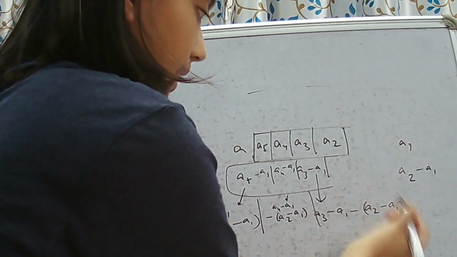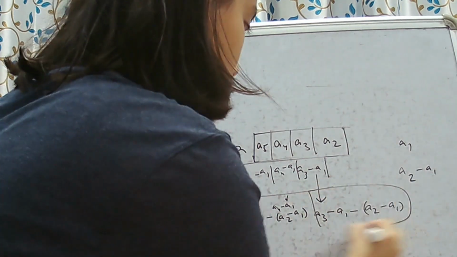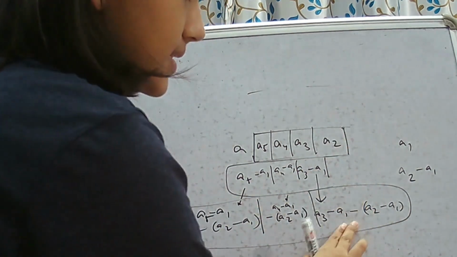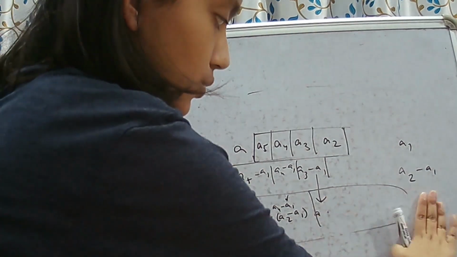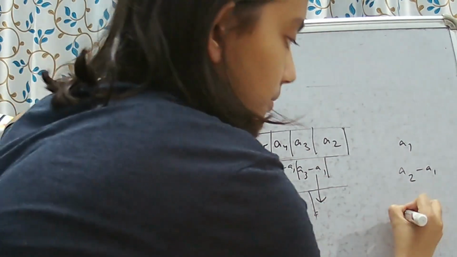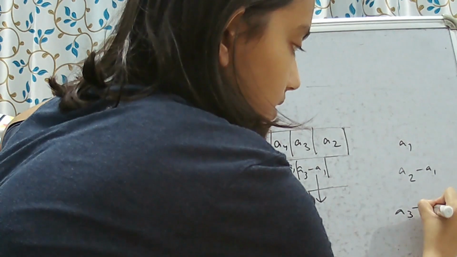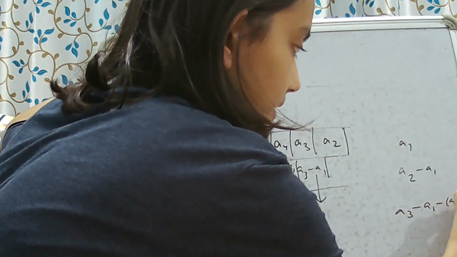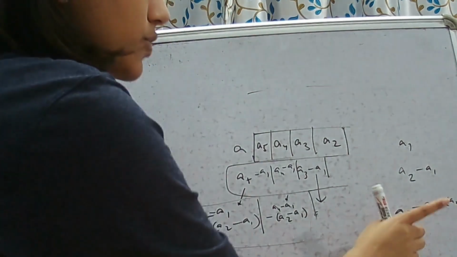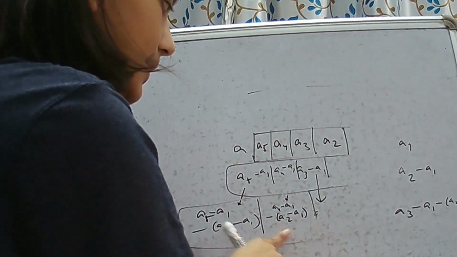Now for this array, this is the minimum element, so we have to remove this. And this number is A3 minus A1 minus A2 minus A1. And we have to subtract this number from all the remaining elements of the array.